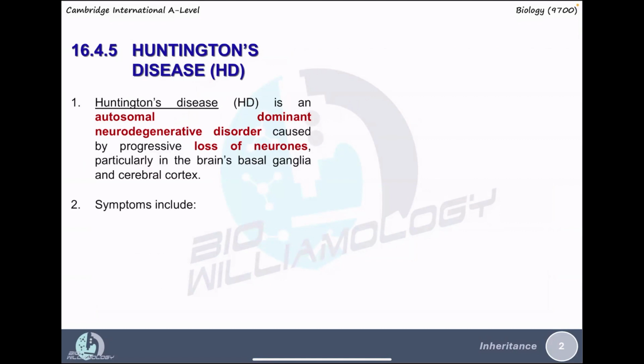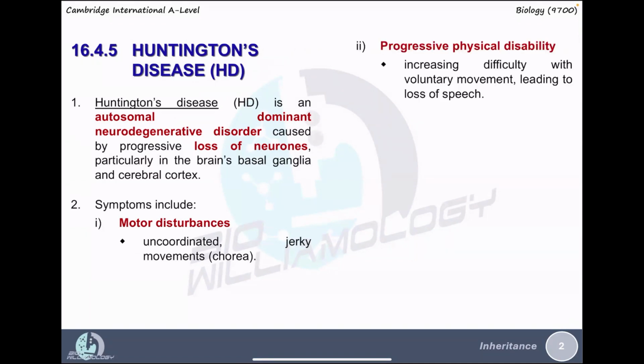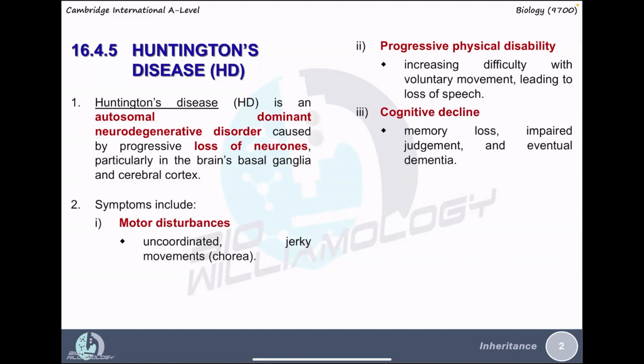The symptoms include motor disturbance, which includes uncoordinated jerky movement, progressive physical disability, particularly increasing difficulty with voluntary movement, leading to the loss of speech, and cognitive decline, where memory loss, impaired judgment, and eventual dementia will occur.